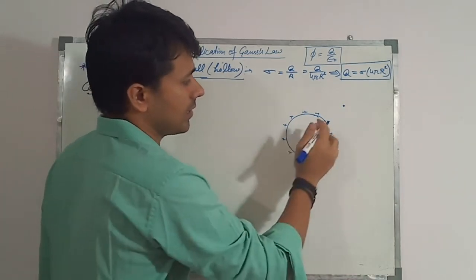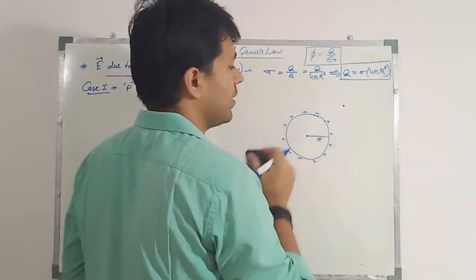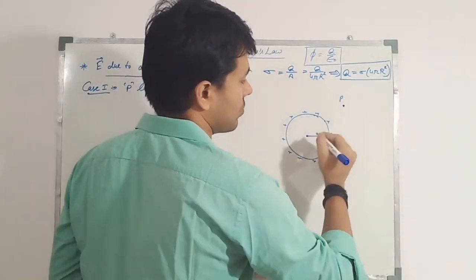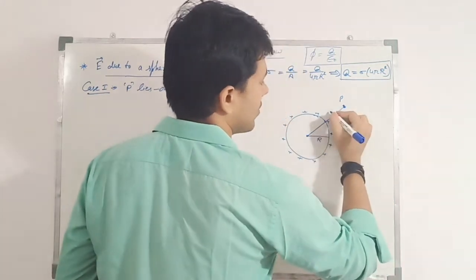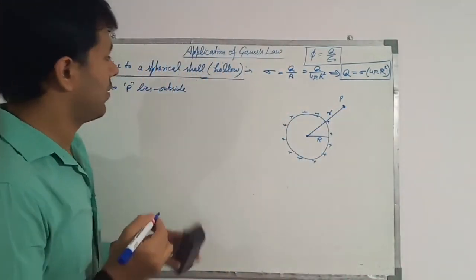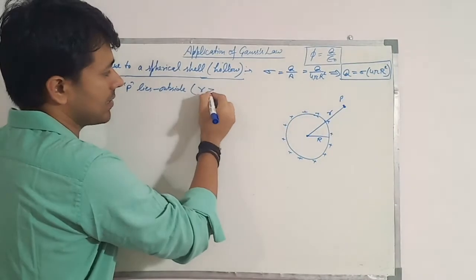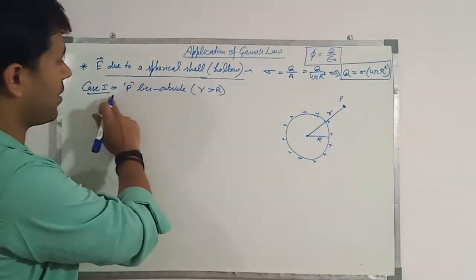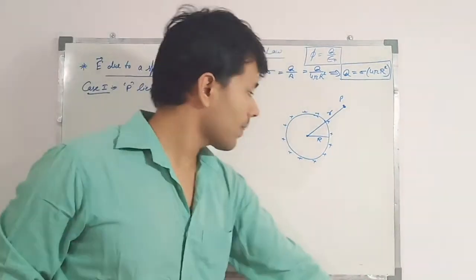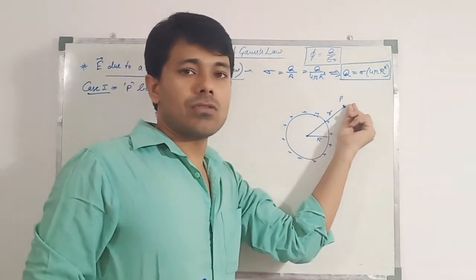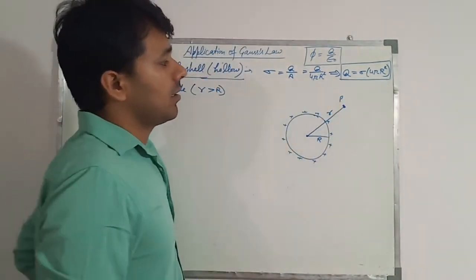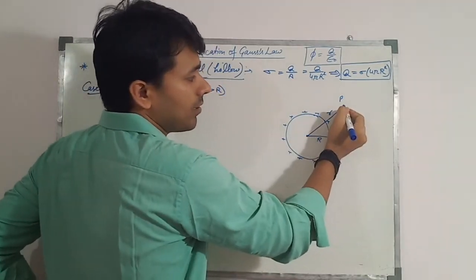Let's say this is point P, lying outside the shell, and the distance between this point P and the center of the shell is small r, meaning small r is greater than capital R. This is our first case. We took point P outside the shell. Now we have to find the electric field at this point.